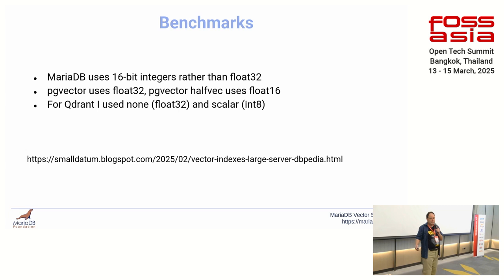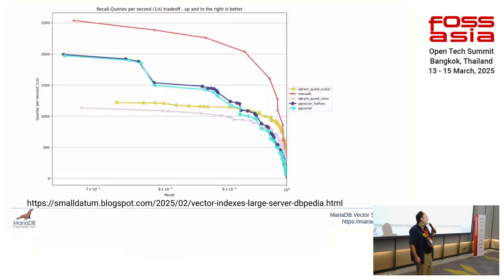Now, float 16 still has about 8 to 10 bits of precision, and MariaDB's got a little bit more, so we're getting a good result by moving away from the floats. Quadrant used a 32-bit int, but they've also got an 8-bit scalar, and I'm not too familiar with their implementation, but you'll see the results of that on the benchmark.